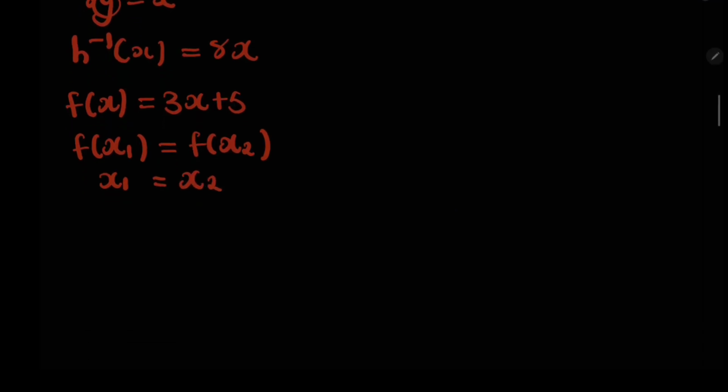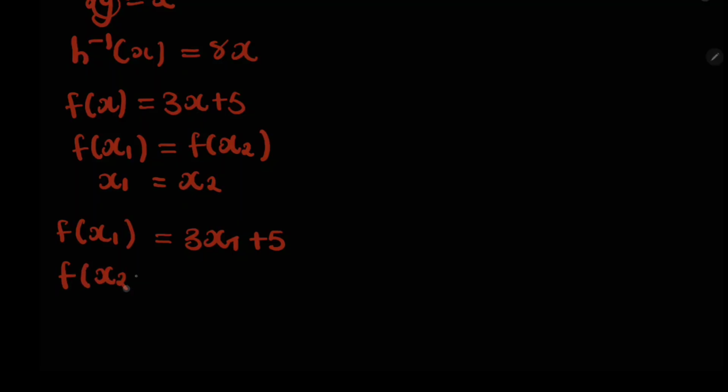Okay, we have that. So we are going to take the first case, f of x1, which is simply 3x1 plus 5, and our f of x2 is 3x2 plus 5.